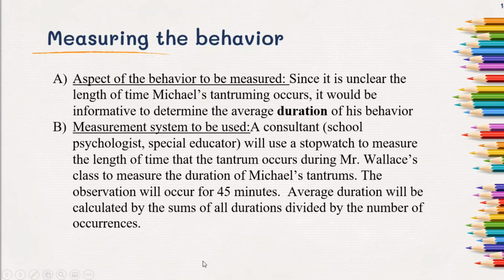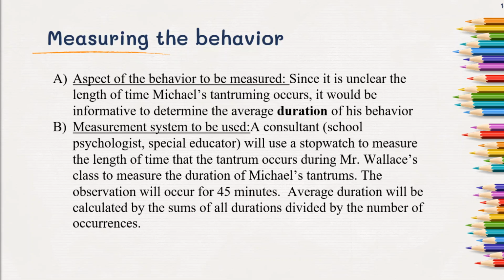So here I'm very specific. I talk about who's going to be taking the measurements, how long the observation period is going to occur, and then how you are going to actually report the final results. If you include all of these in your response, that will help give you a more specific and clear answer. As I said before, there's not one answer.